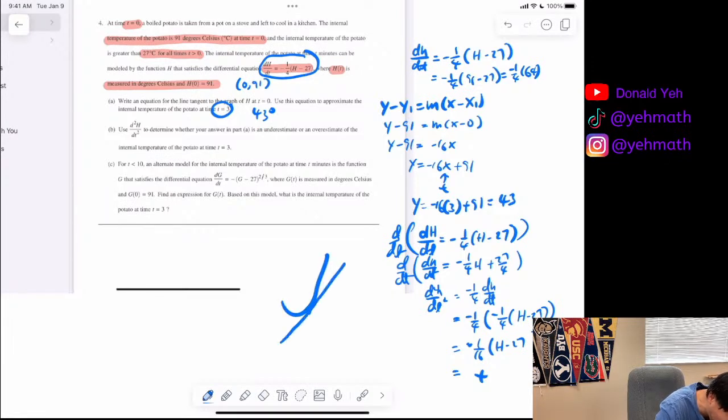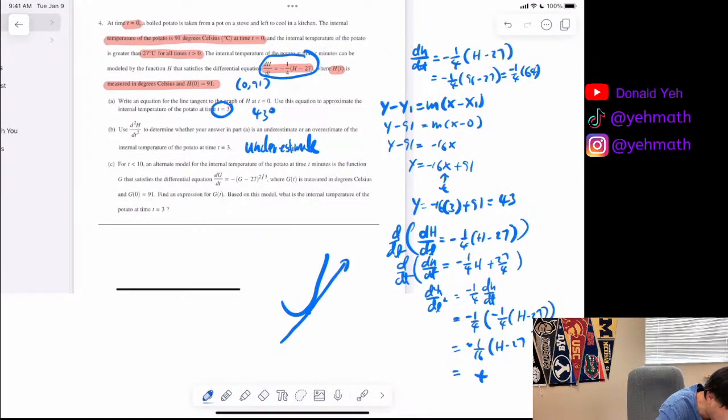My tangent line approximation is an overestimate or underestimate? It's under, so it's an underestimate.